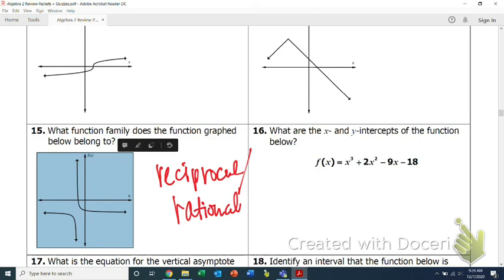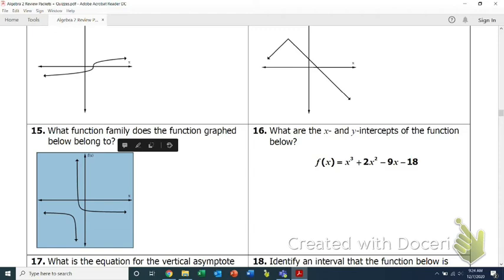Okay. All right, right here on this one, you can do it 2 ways. If you have a calculator, you can graph it. If you don't have a calculator, you can factor it and find your x's. So let's factor. The first 3 terms have an x.